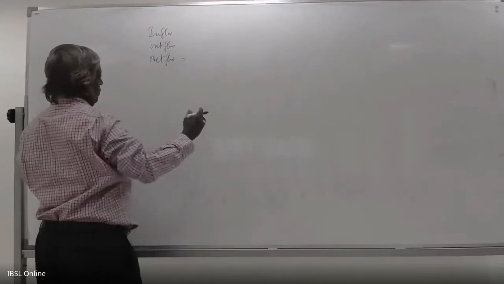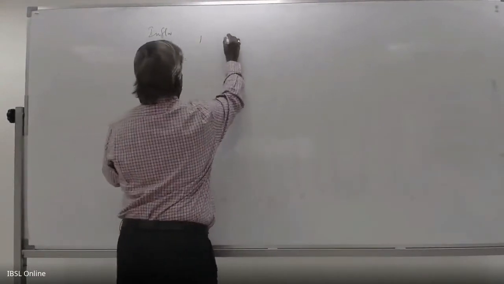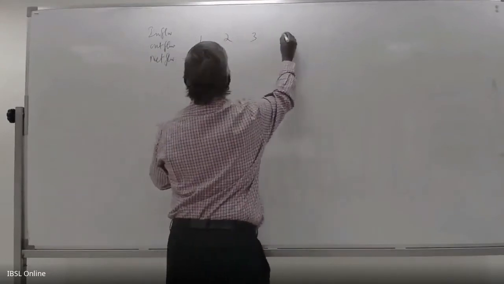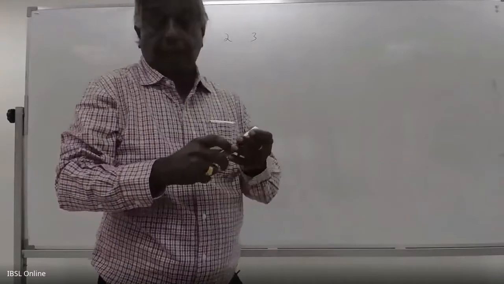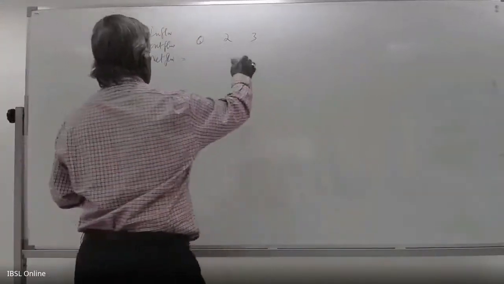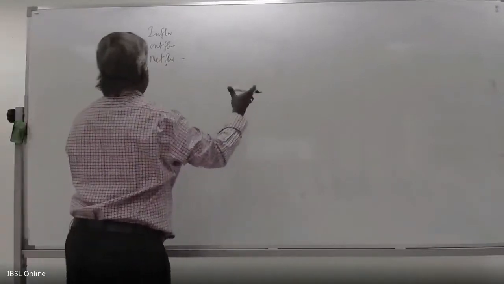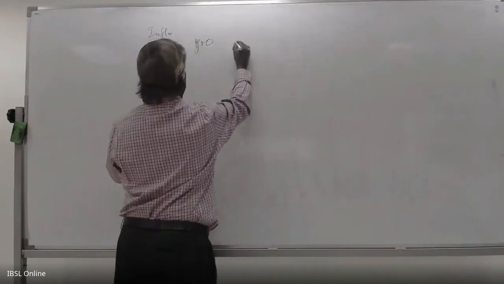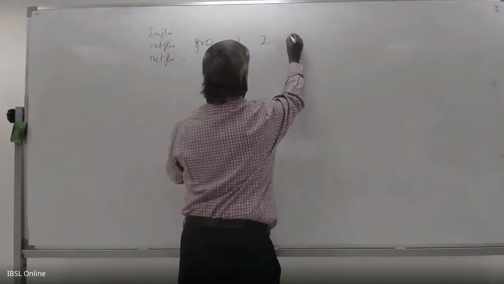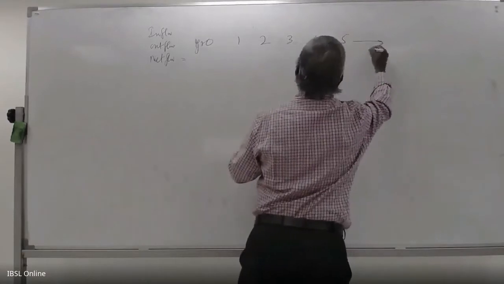Then the project years, starting from 0: 0, 1, 2, 3, 4, 5, and it goes on like that.